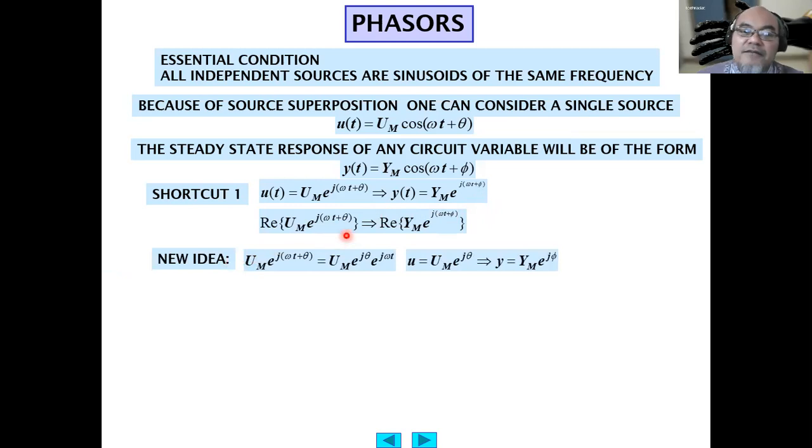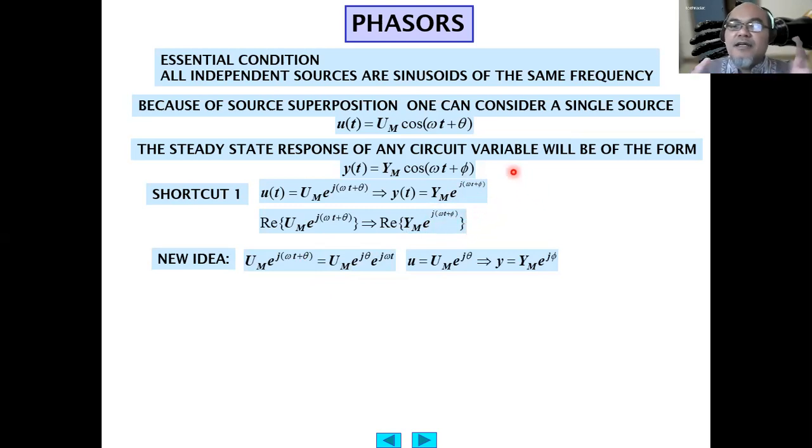Now we re-express exponent j(omega t plus theta) as a multiplication of exponent j theta and exponent j omega t. Similarly, we can do the same with Ym: it equals Ym exponent j phi times exponent j omega t.